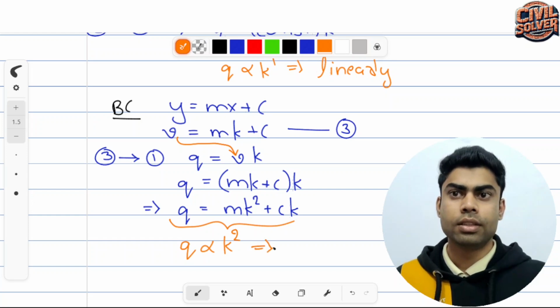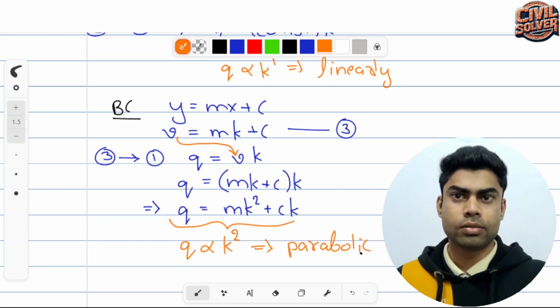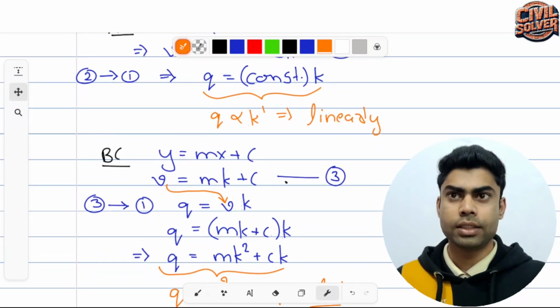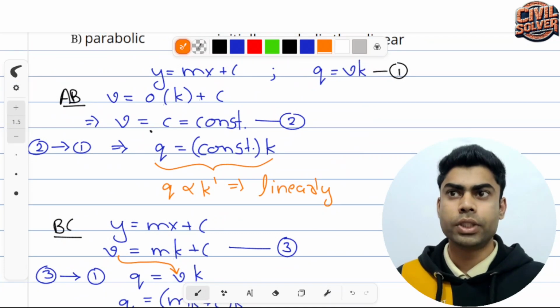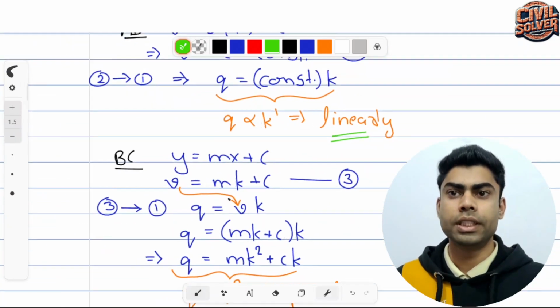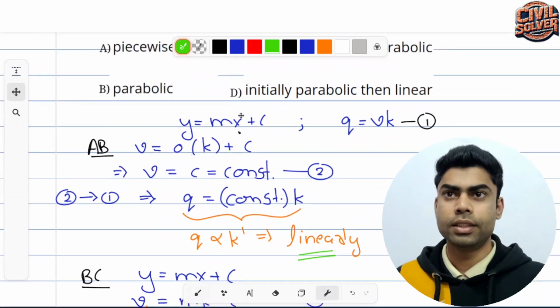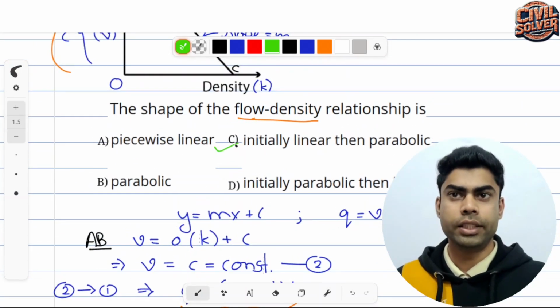That means it's a parabolic relation. So from these two analyses we can conclude that in the portion AB the relationship will be linear between flow and density, and then in the portion BC the relationship will be parabolic. So the correct option is option C, initially linear and then parabolic.